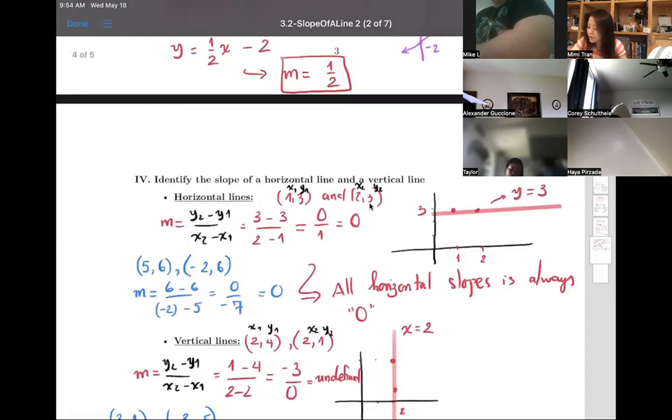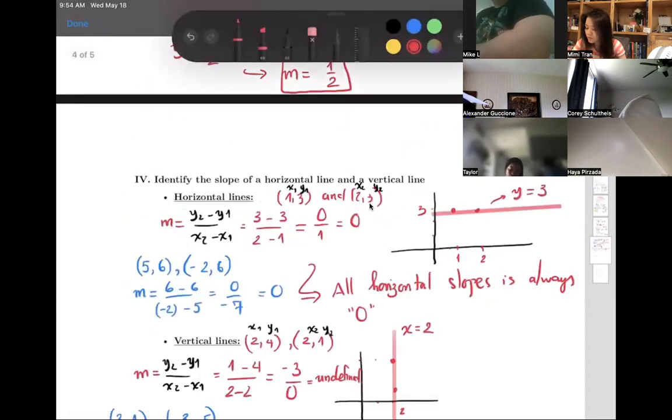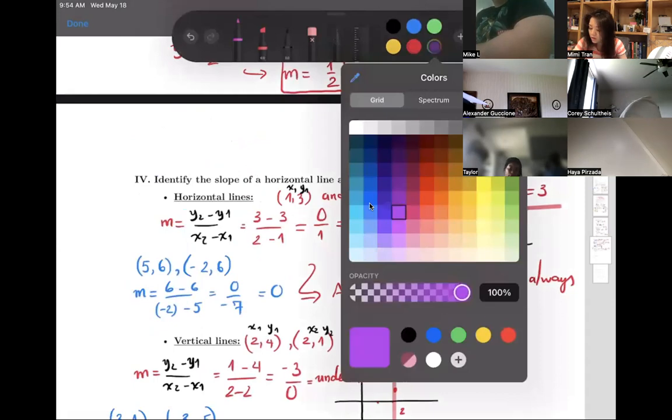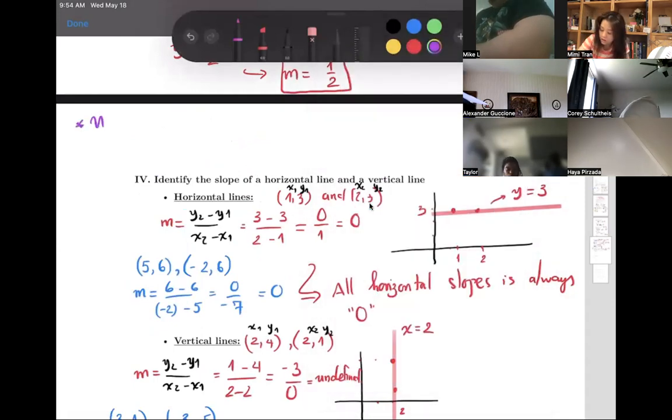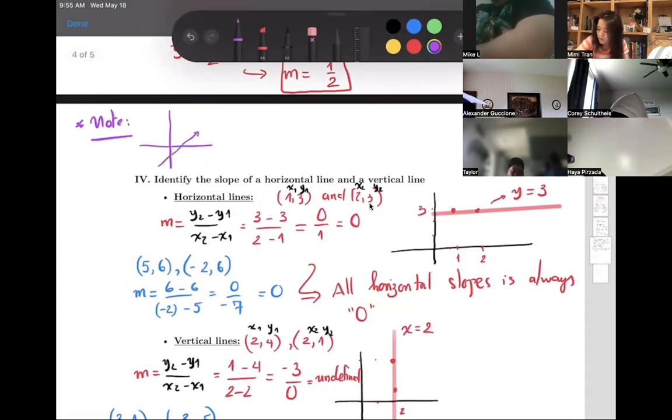And just a little note up here for you. I'll use purple. You're going to need it on the quiz. If I have a graph like this, what is this slope called? Positive or negative?